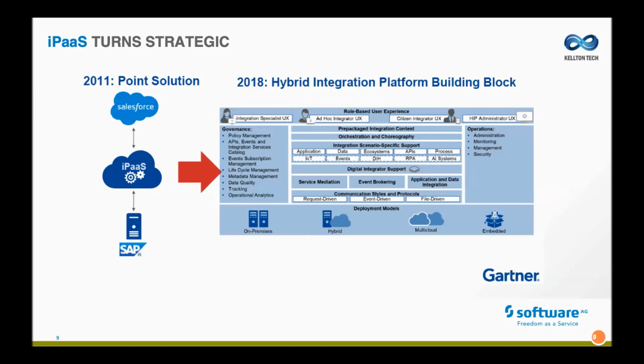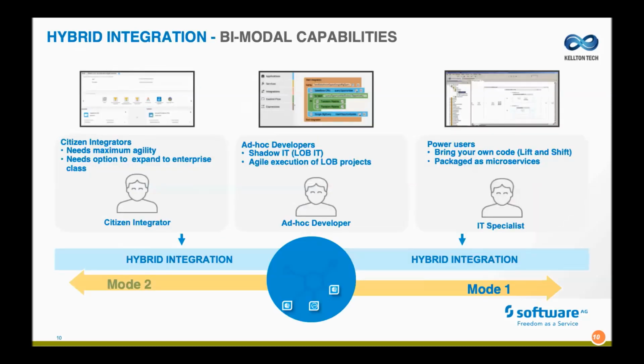The second area of hybrid integration responsibilities is also to enable bimodal capabilities. Some organizations might have a robust goal of achieving bimodal IT, but in other organizations, it could be a mix of both.